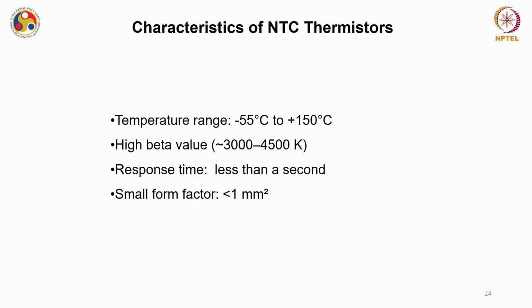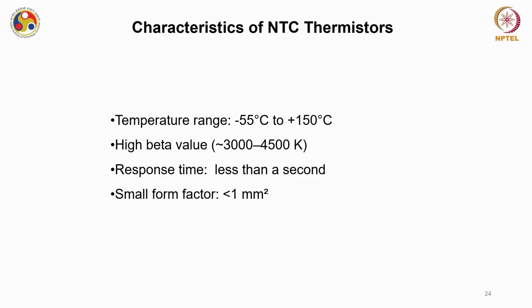And the good thing about these NTC thermistors is that although they are made up of ceramic, you can also make this NTC thermistor using silicon, because silicon itself has the characteristic of a semiconductor. Typically, being a semiconductor, it has a negative temperature coefficient of resistance. So you do not have to make any extra arrangement to have NTC.